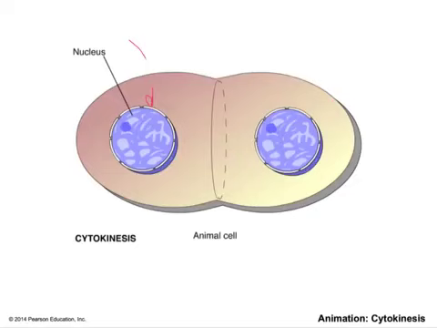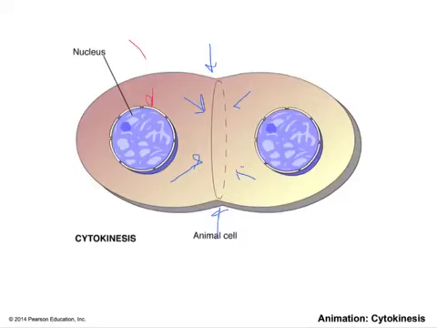It's going to indent here, here, here, and also on the back side. Every ring is going to contract, getting smaller and smaller until eventually the phospholipids form two separate membranes.